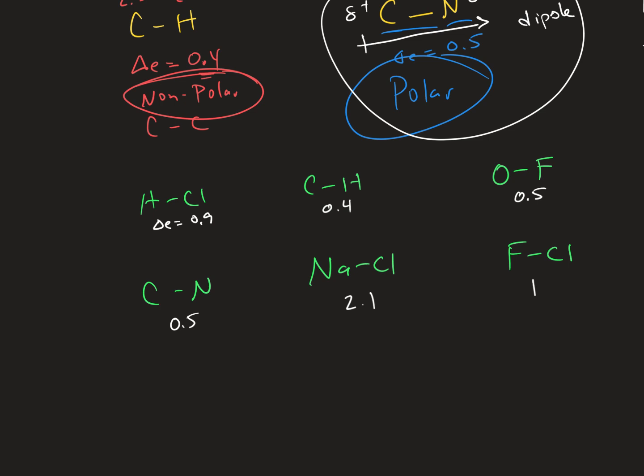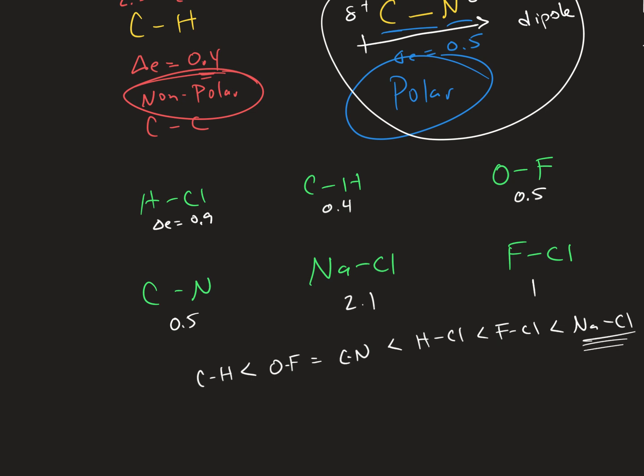Okay. So what's the lowest in polarity? The CH bond. Then the OF bond, which is equal to the CN bond. Then the HCl bond, the FCl bond, and NaCl. Well, we don't really call that polarity.